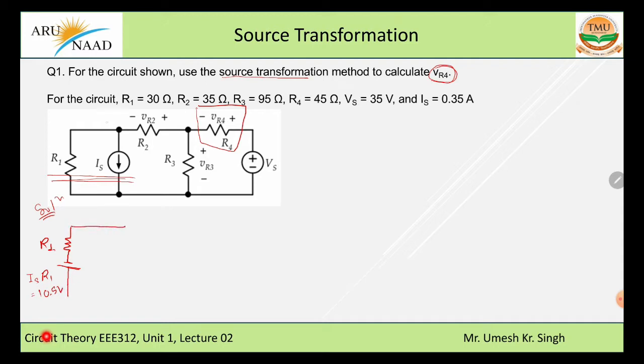Consider this point as A. So now we are at point A, and at point A a second resistance R2 is connected. So this is R2, and then a resistance R3 is connected, and after that R4, and a voltage source of Vs.